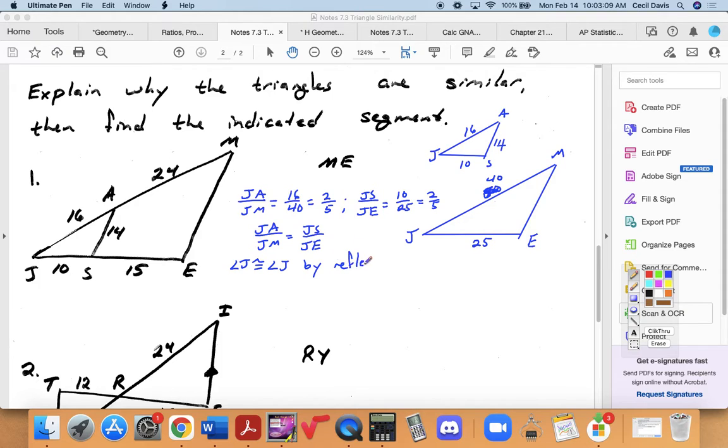We haven't used that in a long time. So, triangle JAS is similar to triangle JME by what reason? Yeah, side angle side similarity.